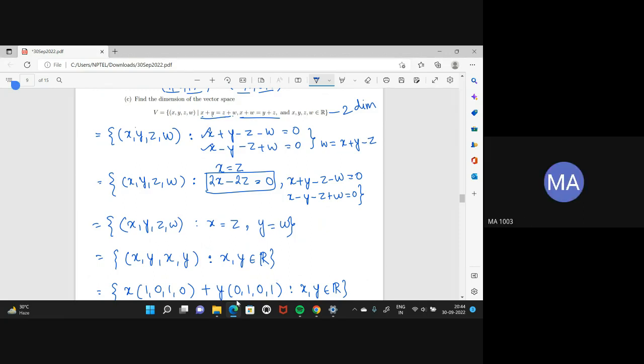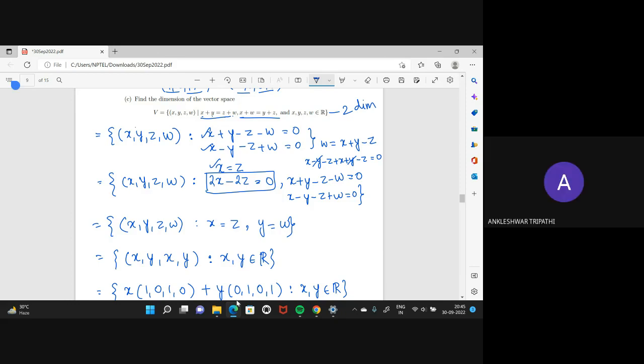So can I put that w in the second equation? Yes. I'll get x minus y minus z plus x plus y minus z is equal to 0, right? So what do I get? y gets cancelled. 2x minus 2z is equal to 0, right? So what do I get from there? x is equal to z.